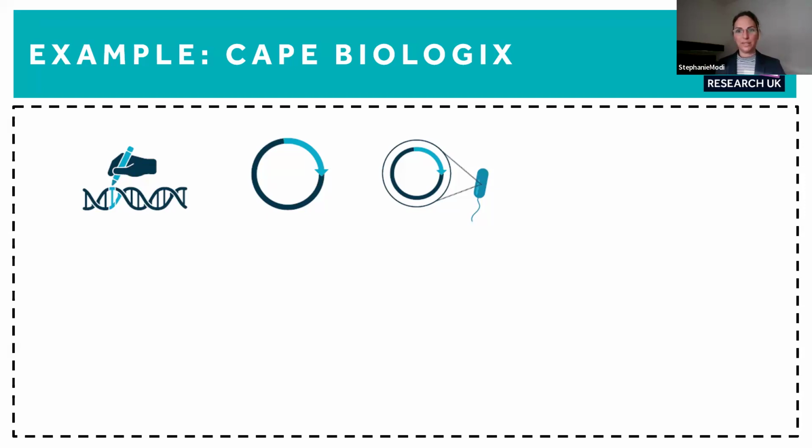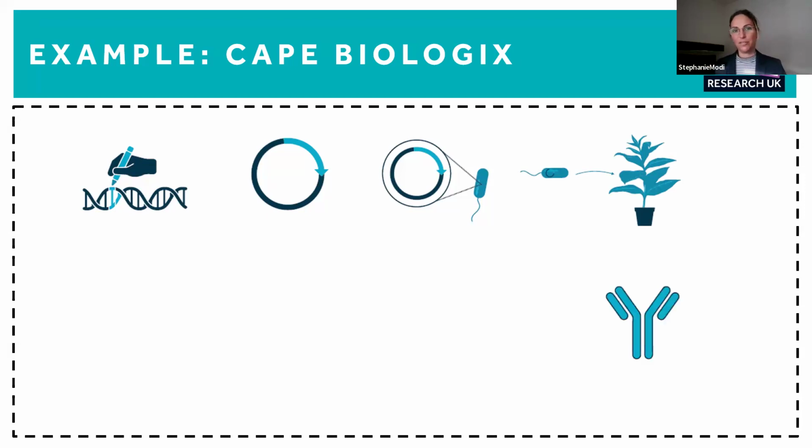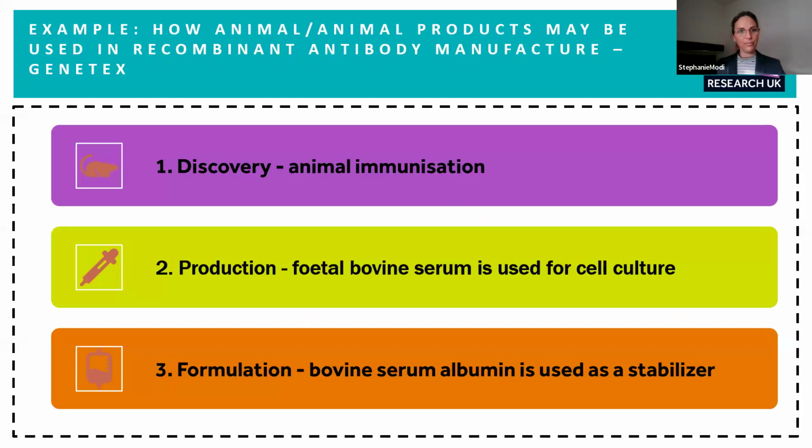So they can then deliver this bacteria into the plant cells, and the vector actually hijacks the plant's protein-making machinery. Essentially, the plant becomes like a mini bioreactor. Then you can harvest the leaves of that plant, and you can purify and quality test your antibody. So this is how one supplier makes their antibodies from plants, as an example.